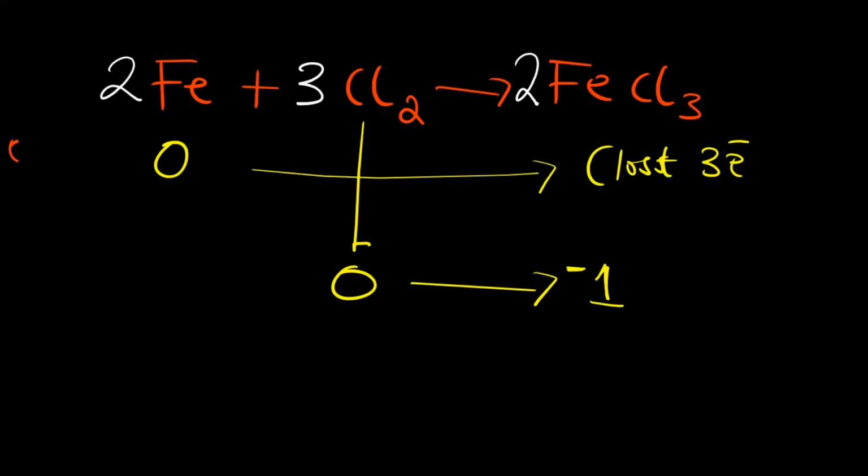From 0 to -1, you're able to see that an electron was gained there, and because an electron was gained, that is reduction. And are the electrons balanced? Of course, everything is balanced, because one was losing and the other was gaining at the same time. So basically that is how we do that one.